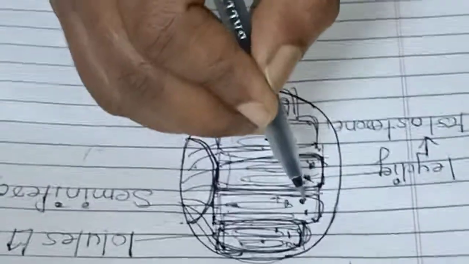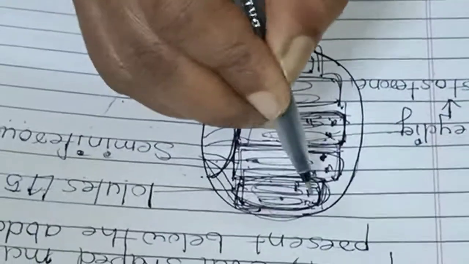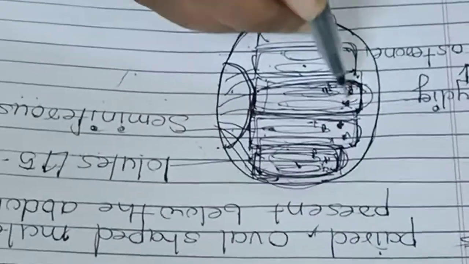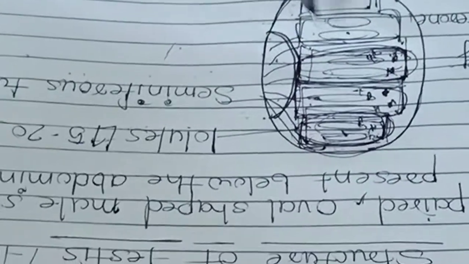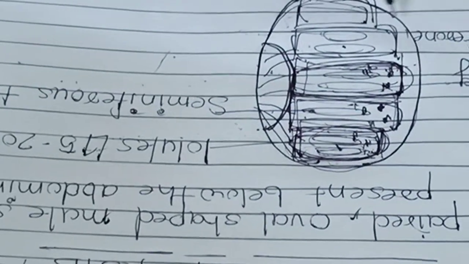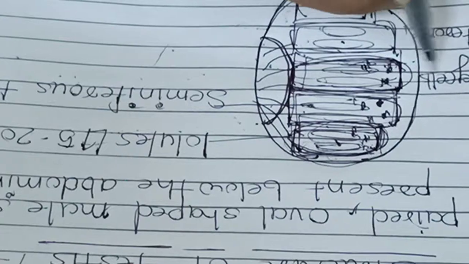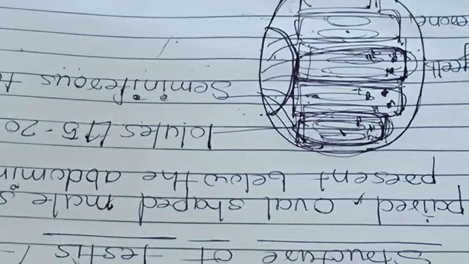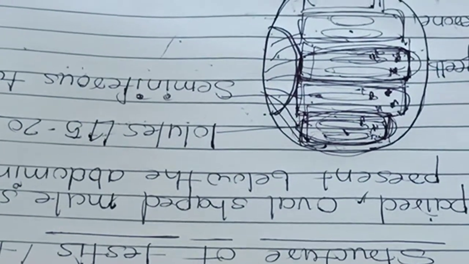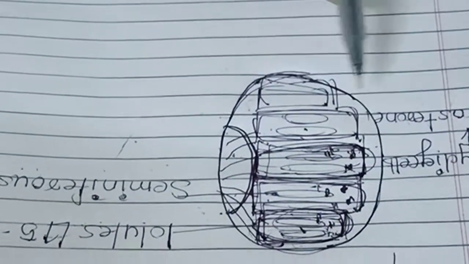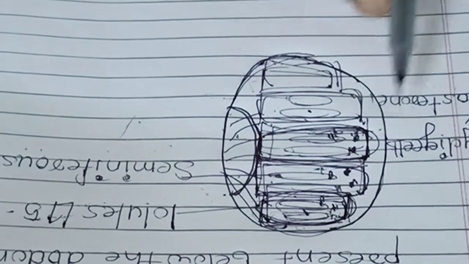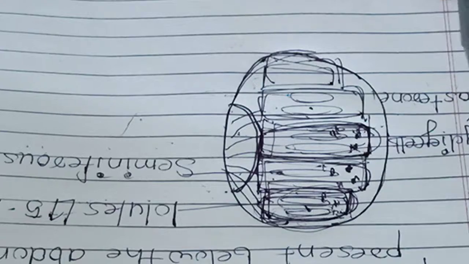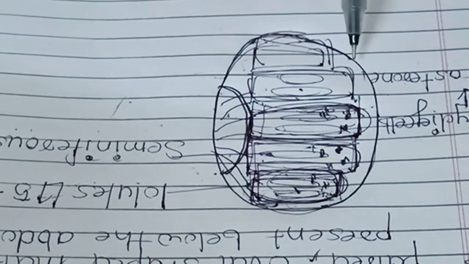Okay, and in that compartment small cells are also present, and these cells are called Leydig cells. These Leydig cells are responsible for the release of the testosterone hormone.